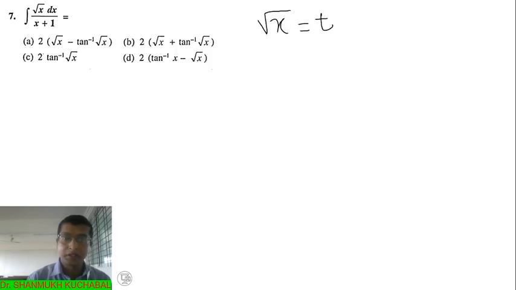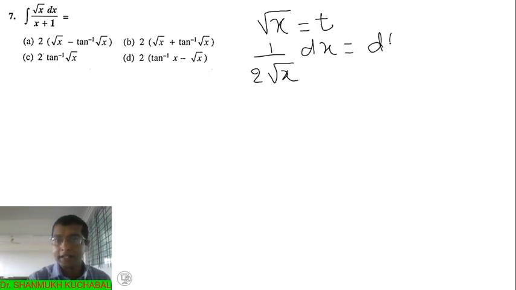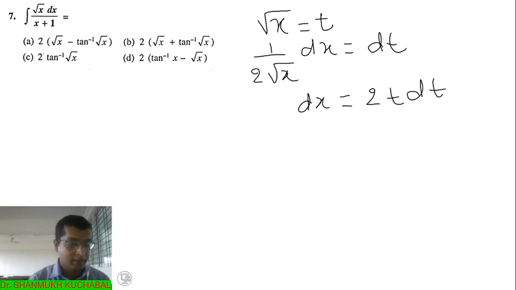If we differentiate this, the differentiation of root x is 1 by 2 root x into dx, and the differentiation of t is dt upon dx, we can write it in this form also. So further I can write the solution for dx: dx equals 2 root x, so we get 2 root x, that is 2t dt.